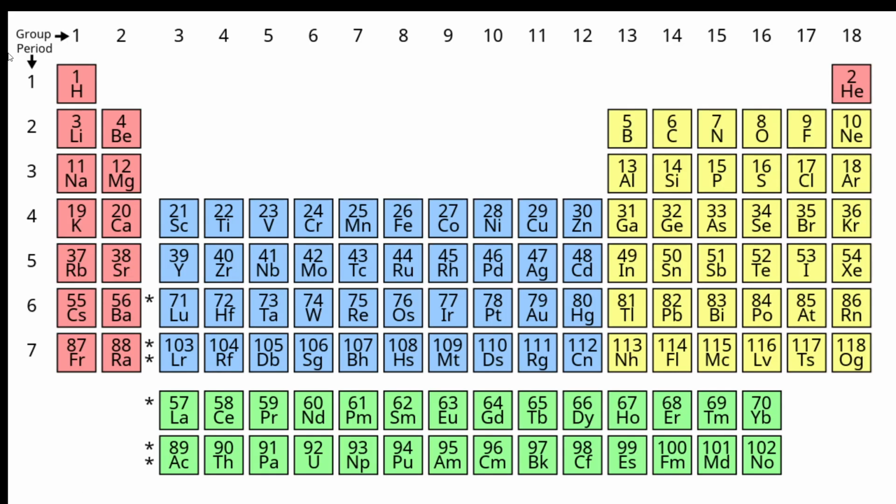So for instance, lithium, sodium, potassium, all of these here end up having a really low ionization energy. And ionization energy, again, is how much energy it takes to remove an electron from the outer shell.